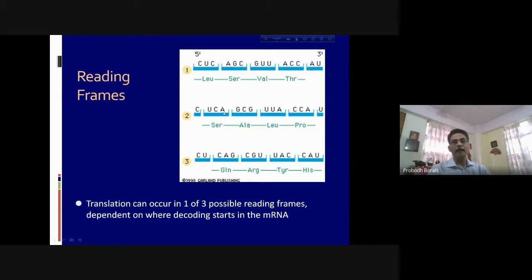So in this frame, the second frame will give rise to a different peptide sequence: serine, alanine, leucine, and proline.